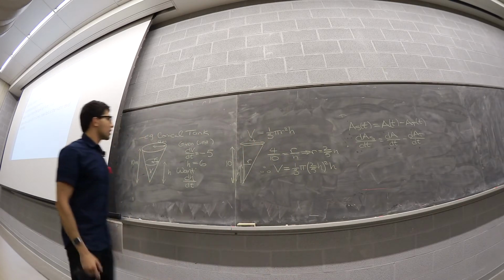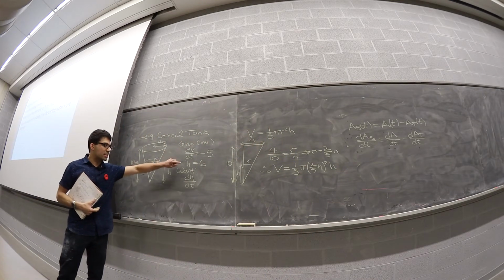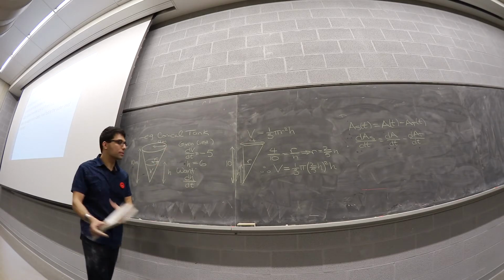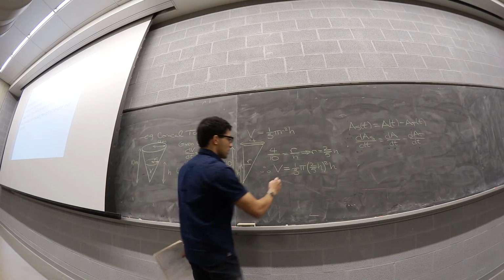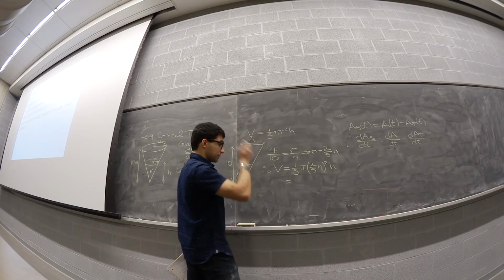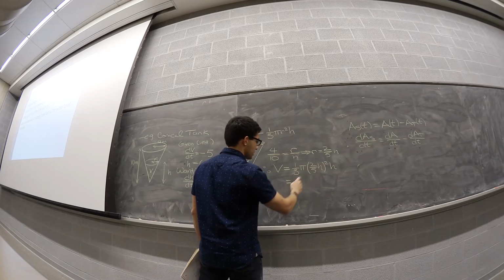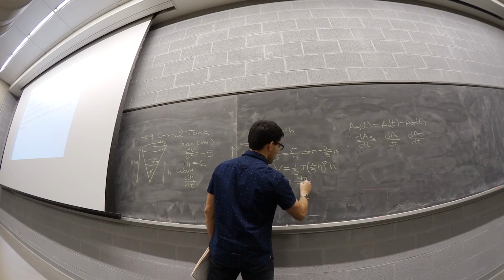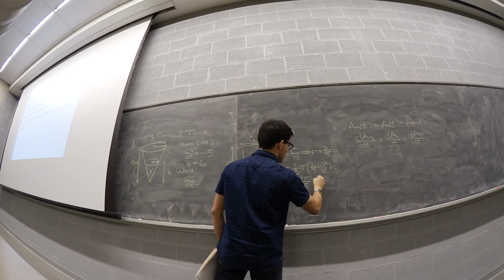Again, a warning: never, ever, ever substitute instantaneous stuff in, especially that kind of thing. Never plug that guy in until you've taken the derivative. All right, what do we got? Something hideous: 25, 75 on the bottom, 4 on the top, 4 pi over 75 h cubed.